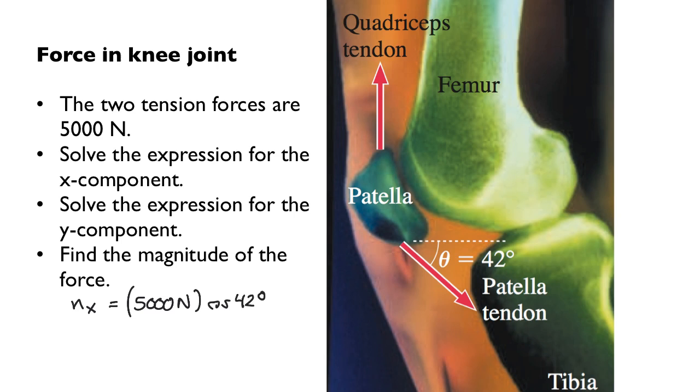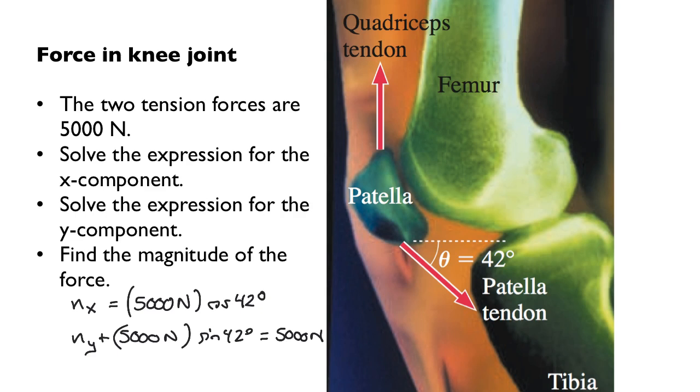For the y component, we said that the normal force in the y direction, ny, plus the 5,000 newtons times the sine of 42, which was the forces pushing downward, is equal to 5,000 newtons, which was the force pushing upwards.